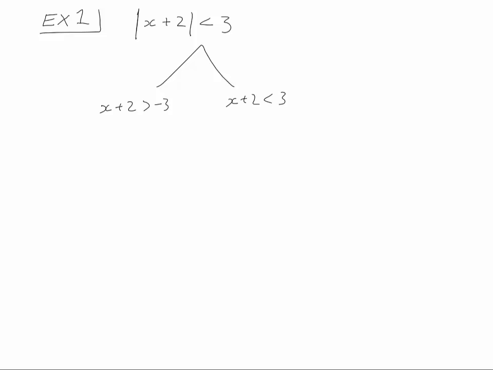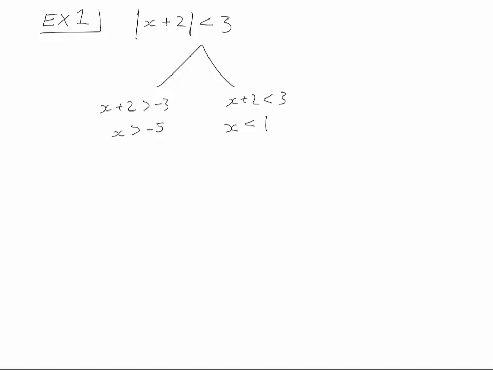Alright, and then we're going to work both sides, and we find that on the left-hand branch, x must be greater than negative 5, because that's what happens when we subtract 2 from both sides. And then on the right-hand branch, when we subtract 2 from both sides, we find that x must be less than positive 1.